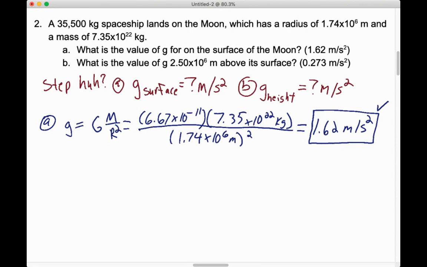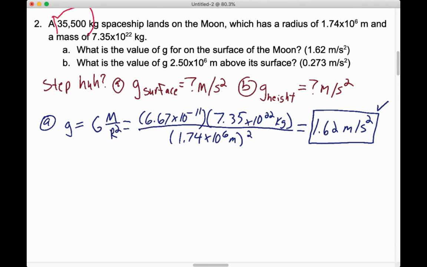Maybe the one pitfall, and this is going to be common throughout this test, is that you've got to avoid the red herrings. So I really need to switch back to red for this. If we're looking at the problem, what's the red herring here? The red herring is the mass of the spaceship. Can I draw a fish with my Wacom tablet?